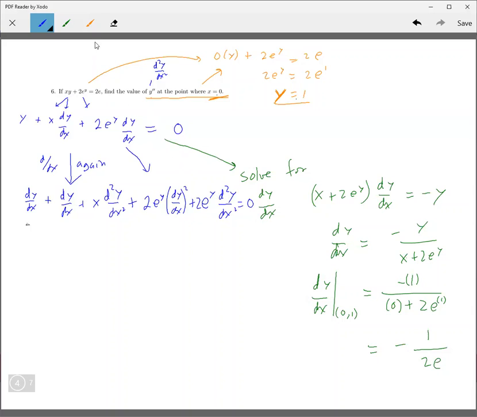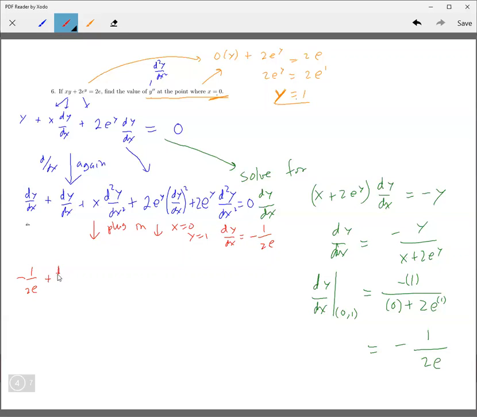What I'm going to do here now is plug in x equals 0, y equals 1, and dy/dx equals negative 1 over 2e. Plug all those in. So this becomes negative 1 over 2e. I guess I could have combined those first.